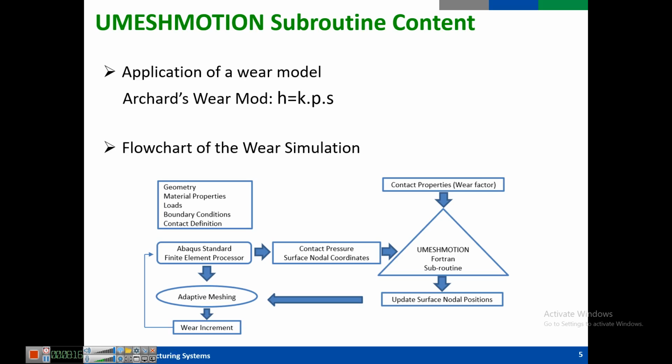We can't use UMESHMOTION for dynamic simulation, so we use a static model, and we define contact pressure, surface, and nodal coordinate. Use the UMESHMOTION Fortran subroutine, define contact property, and after UMESHMOTION of the surface nodes, and also ALE adaptive meshing, then calculate the wear increment, and repeat this flowchart to finish our simulation.